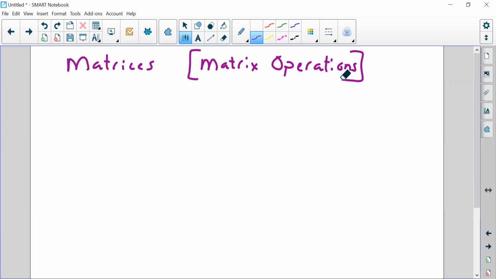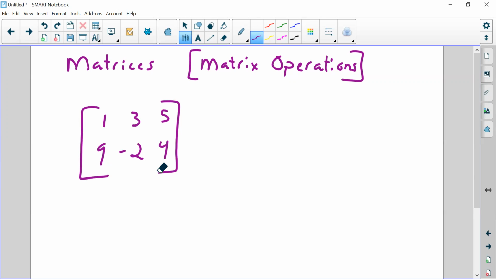So first off, a matrix, like I said, is an array of numbers. This is a matrix. So just an array of numbers is a matrix. Traditionally, matrices are named by capital letters.